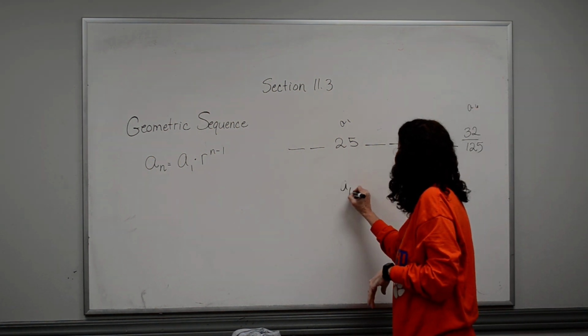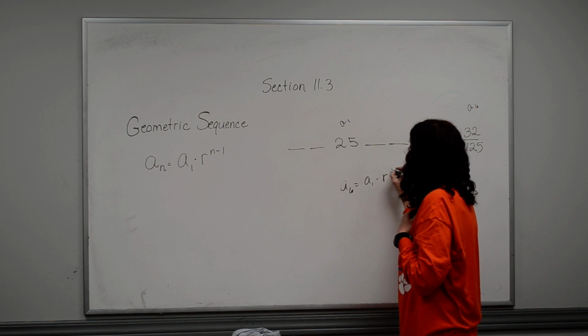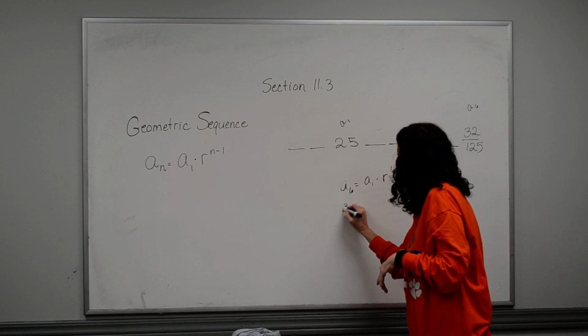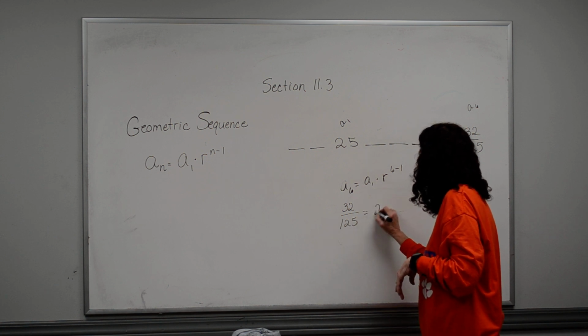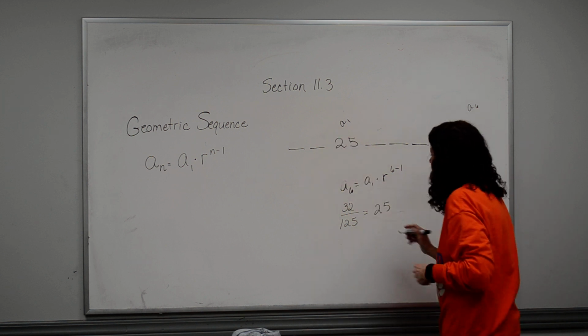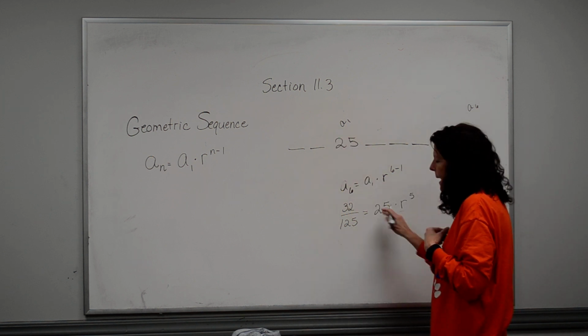So a sub 6 is equal to a sub 1 times r to the 6 minus 1. So a sub 6 is 32 over 125. A sub 1 would be 25 if we let that be the beginning and ending of our series. Okay, times r raised to the 5th power.